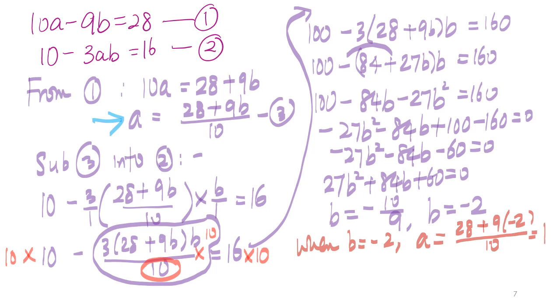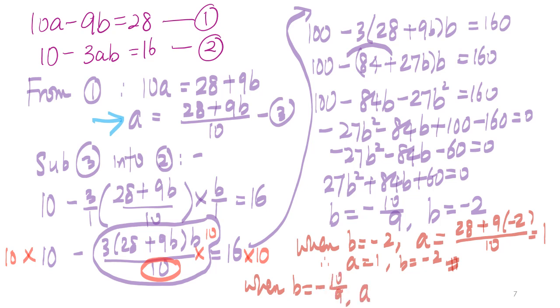So the first set of answer will be a equals 1, b equals negative 2. The second set of answer is when your b is equal to negative 10 over 9.